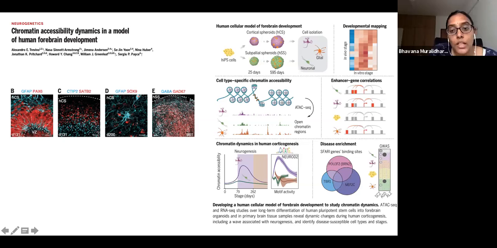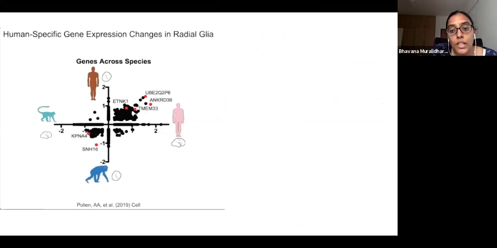Okay. Now, another work which I'd like to highlight, and I'll say why organoids are important models to study human-specific differences, comes from the lab of Arnold Kriegstein, which was published in 2019. It shows what changes happen in the radial glia between, forget mouse, between the primate species.